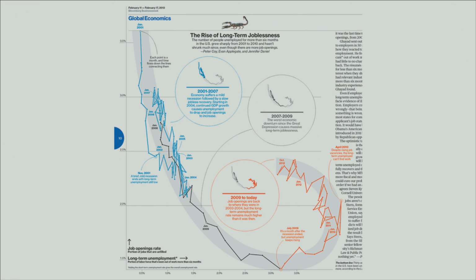This is an interesting chart because it goes back to where the idea originally comes from. There are a number of papers from the 1940s at least, and maybe going back a little bit further than that, that talk about the UV curve, which is a thing in economics, and I don't understand how it works, but basically the U is the unemployment rate, and the V is the vacancy rate.